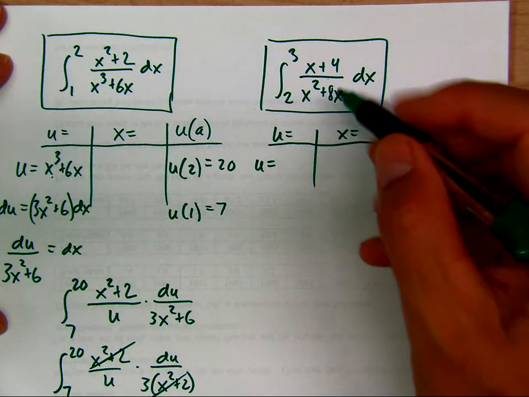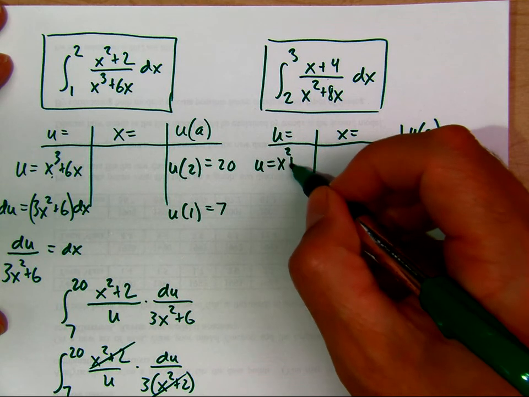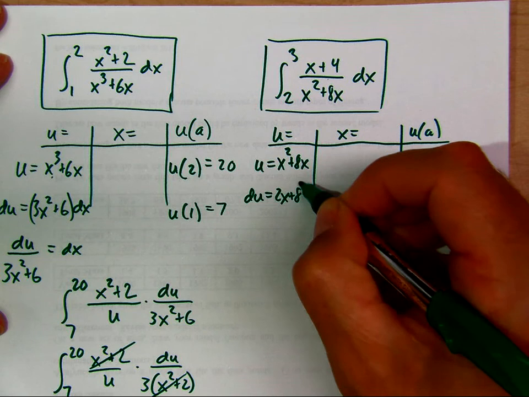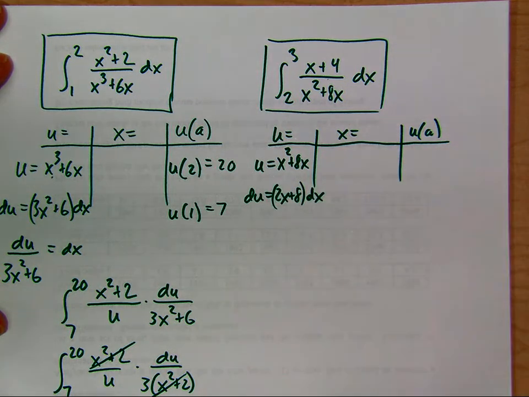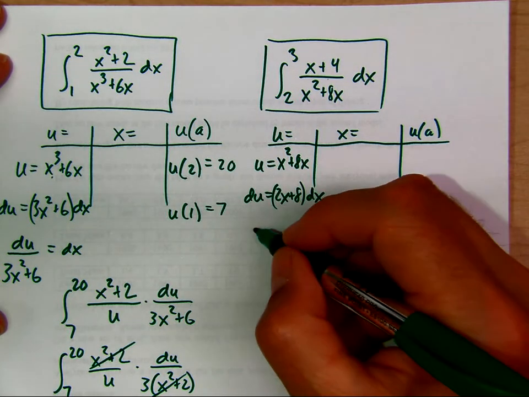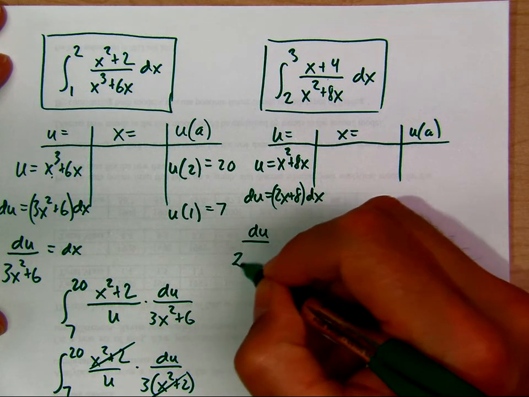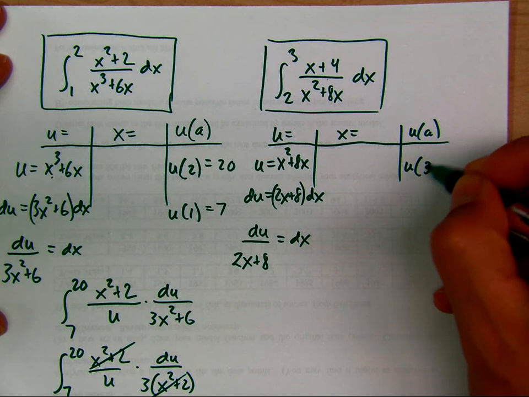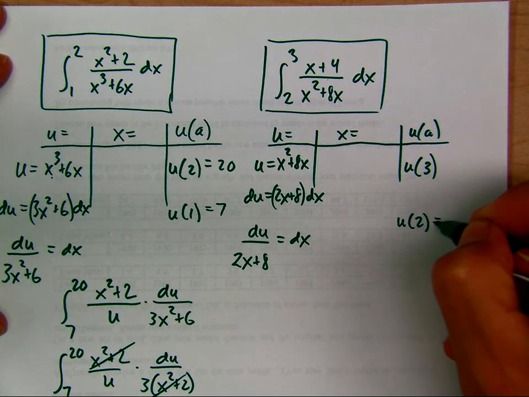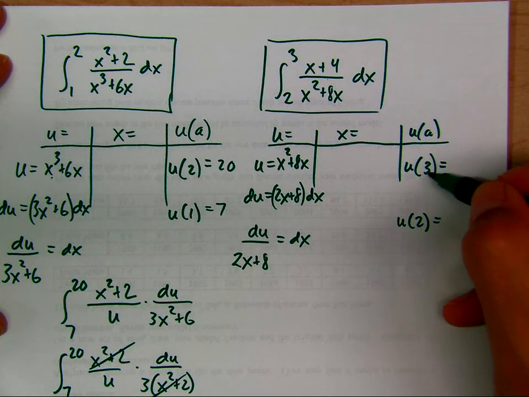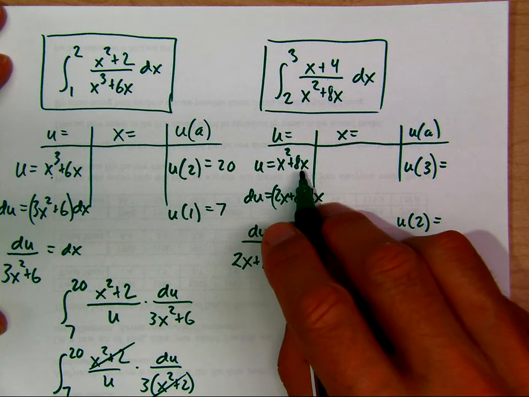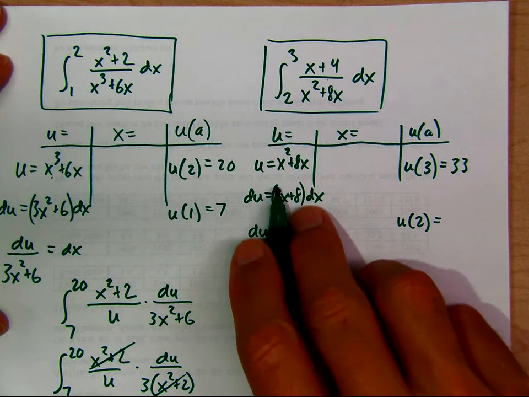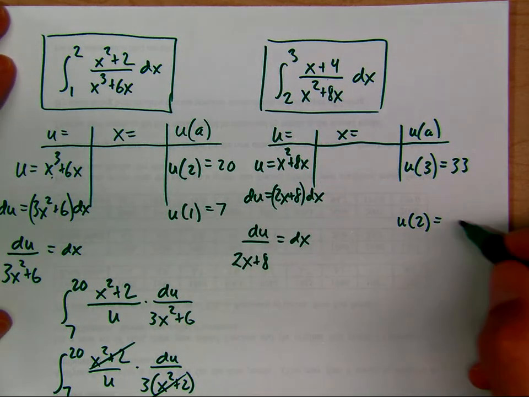So let u equal the denominator. And if we put 3 here, we have 9 plus 24, 33. And we put a 2 here, 4 plus 16 is 20.